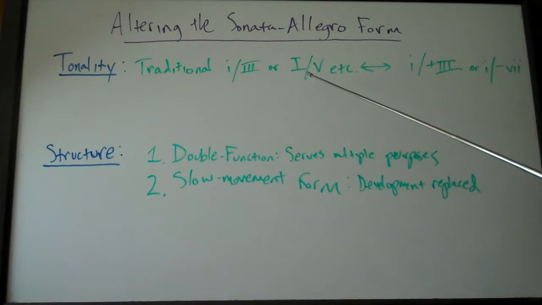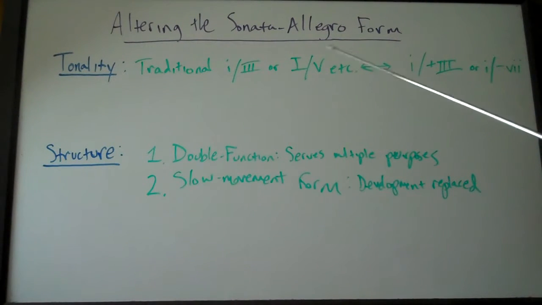Or using the dominant, sometimes the subdominant, or other closely related keys, and so on. And more distantly related keys were more common as time went on, but Liszt gives us two really good examples of more unusual key relationships. So the first is the minor tonic to the raised mediant major.